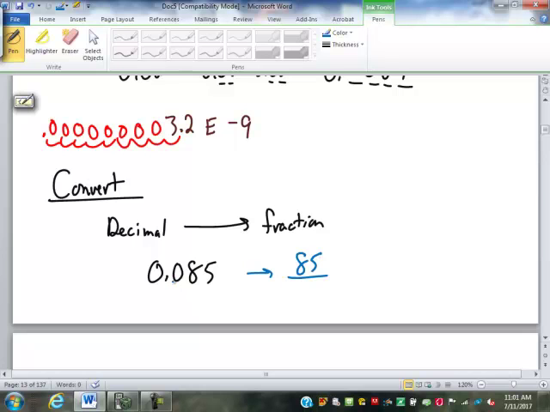No, 1,000. You're thinking percents. That's tenths, hundredths, thousandths, right? 3 decimal places, there's 3 zeros. Then, of course, we got to reduce. Both of those can divide by 5. So this is going to be 17 over 200.